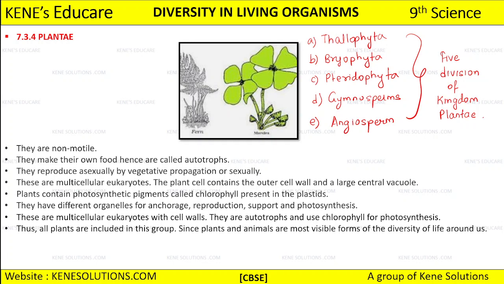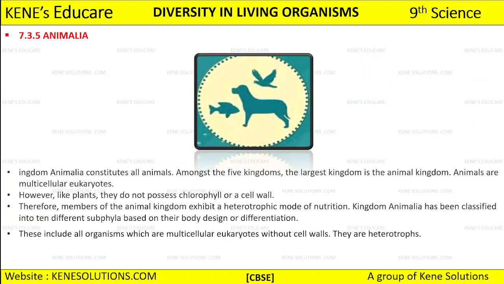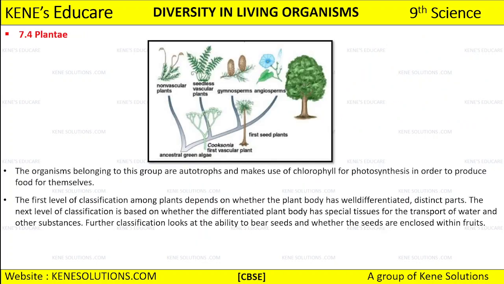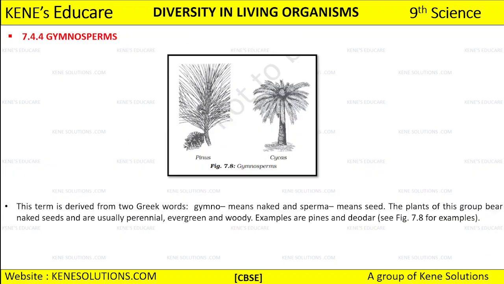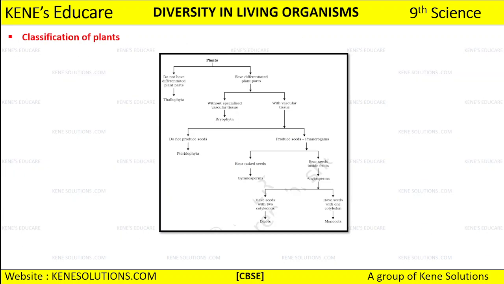Okay, so I want you to know about this thing. Now before starting that, we are going to see this classification of plants. Okay, now see what happens here is, the plant organisms can be differentiated into, they can have this differentiated plant parts, or they're not having this differentiated plant part.